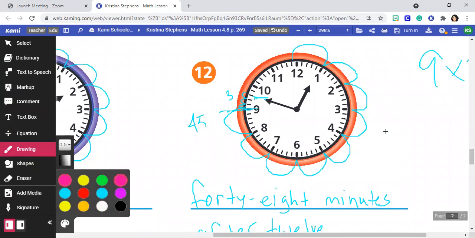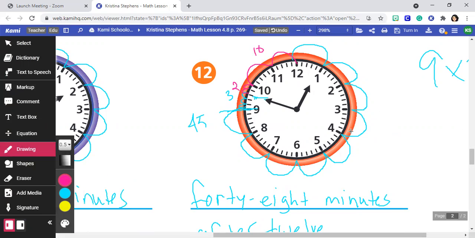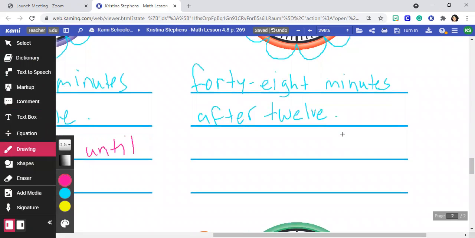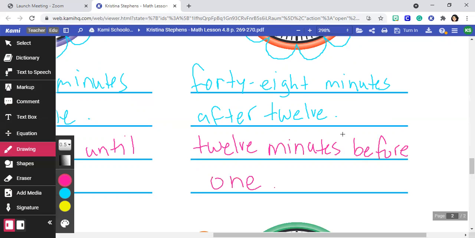And let's switch colors here and keep going. I'm going to work backwards. 5, 10. So there's 10 minutes there. 11, 12. 2 minutes there. So 10 and 2. There are 12 minutes, and I'm going to use their word, before an hour. So 12 minutes before 1.